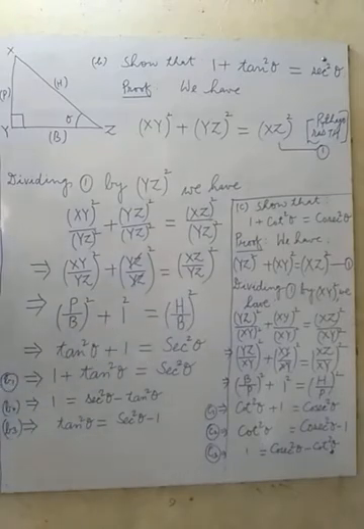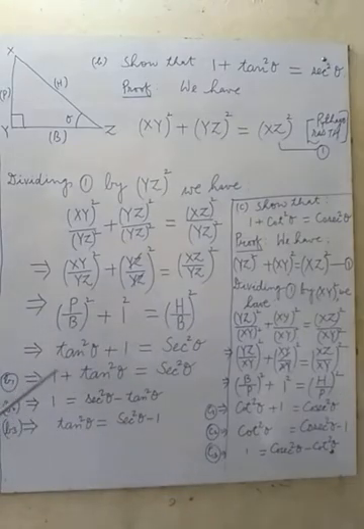It depends upon the need of the question. As we feel the need, in the place of sec square theta we can note down tan square theta plus 1, or 1 plus tan square theta can be replaced by sec square theta. It depends upon the situation and circumstances of the question.